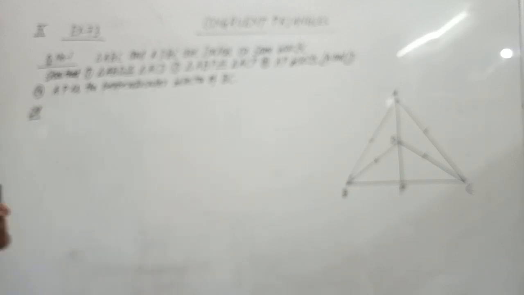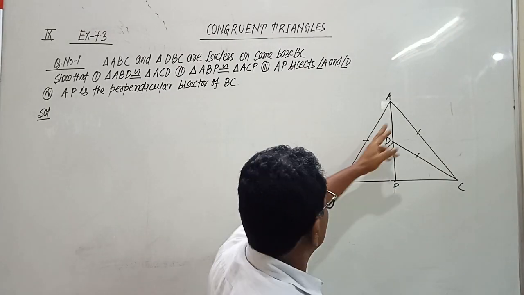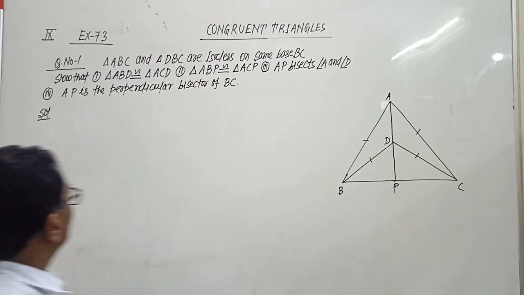The first part, we have to prove that triangle ABD is congruent to triangle ACD.